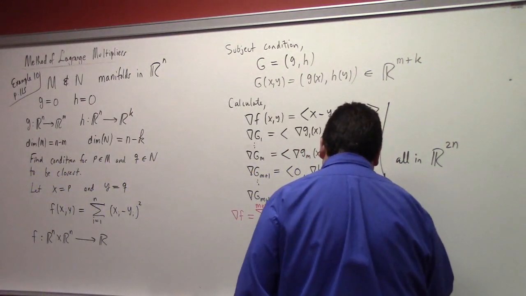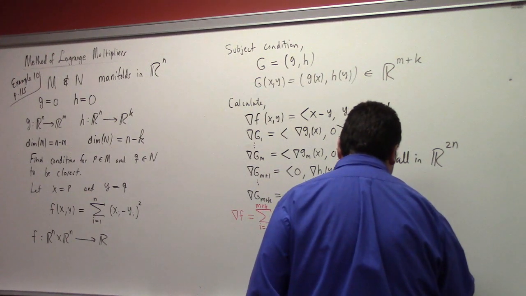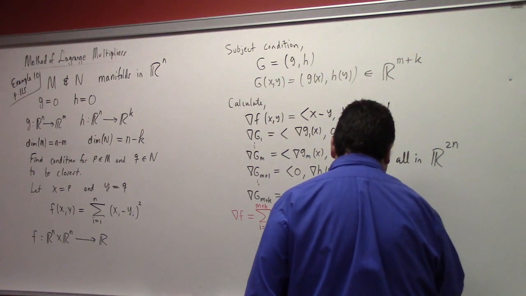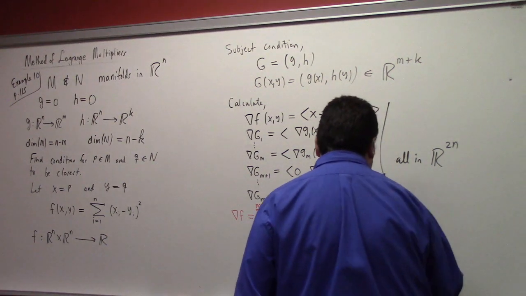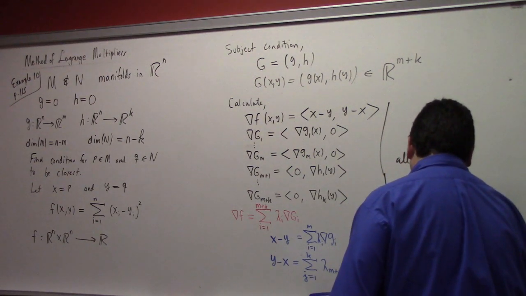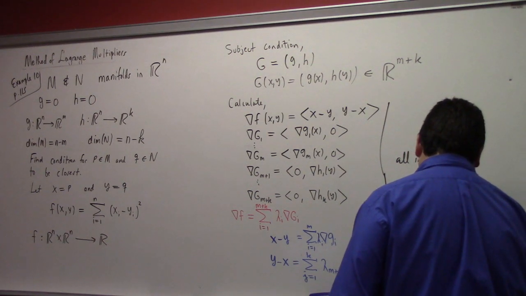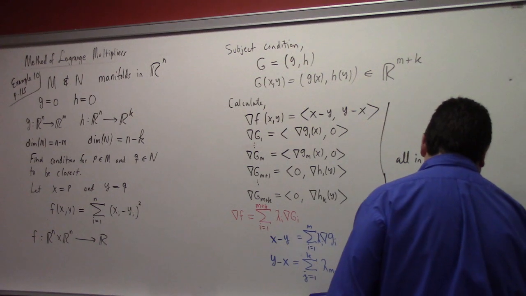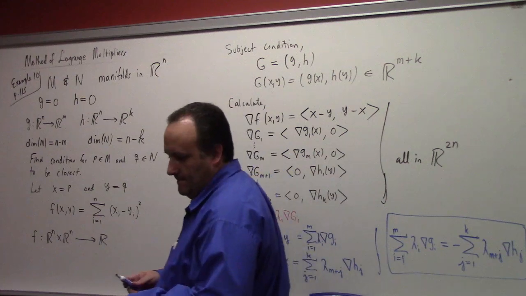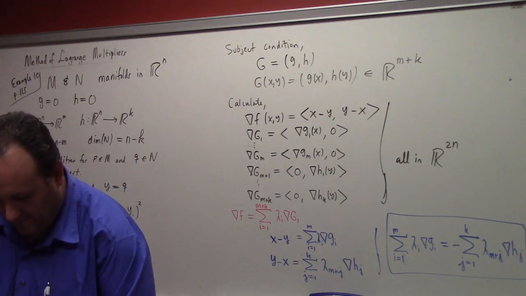See, this tells me then that the sum over lambda i nabla g i, i equals 1 to m, has to be equal to minus the sum j equals 1 to k of lambda m plus j nabla h j. What is that saying?